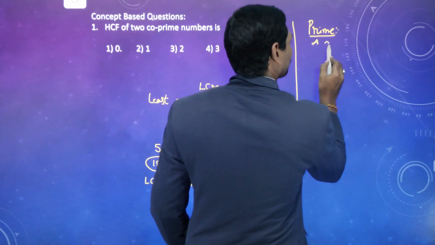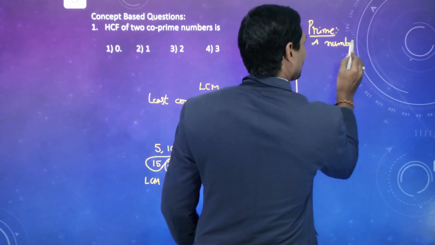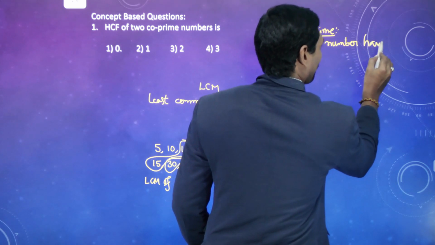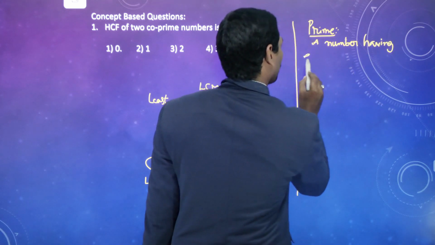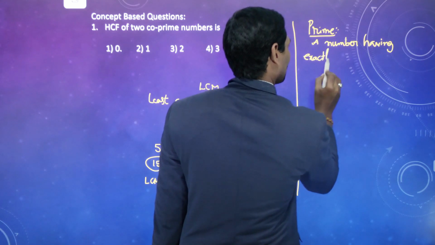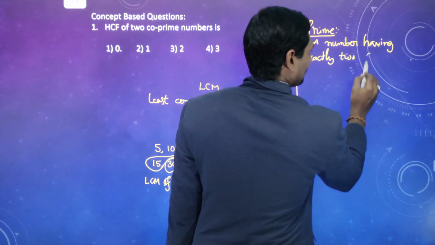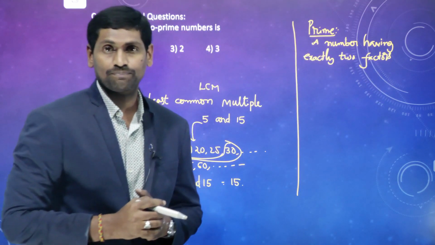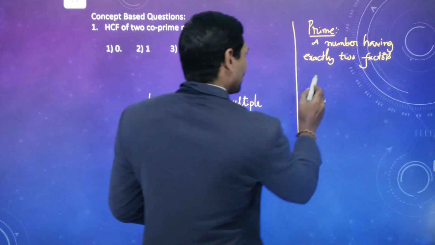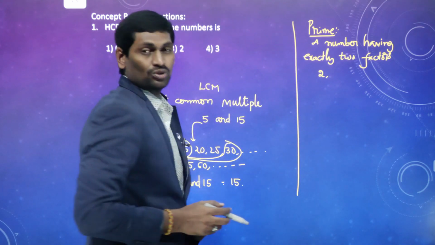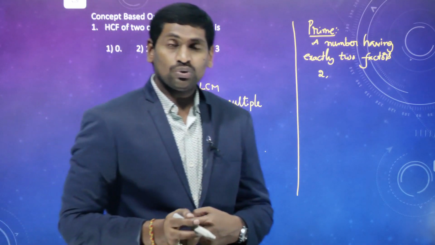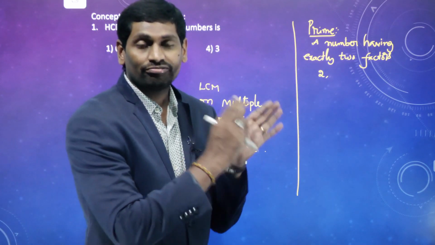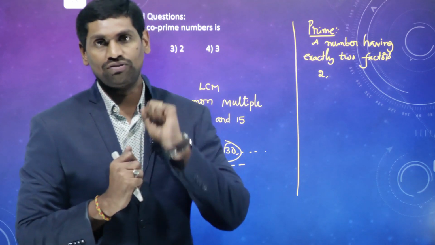So simply we can write that a number having exactly 2 factors, such numbers are called prime numbers. For example, 2 is a prime number. What are the factors of 2? The factors are 1 and 2, 1 and itself, only 2 factors.